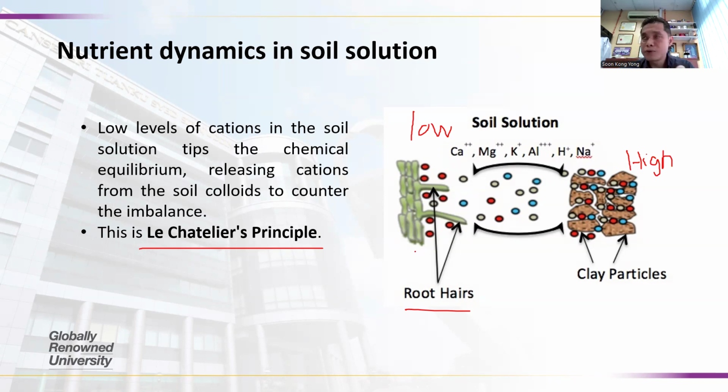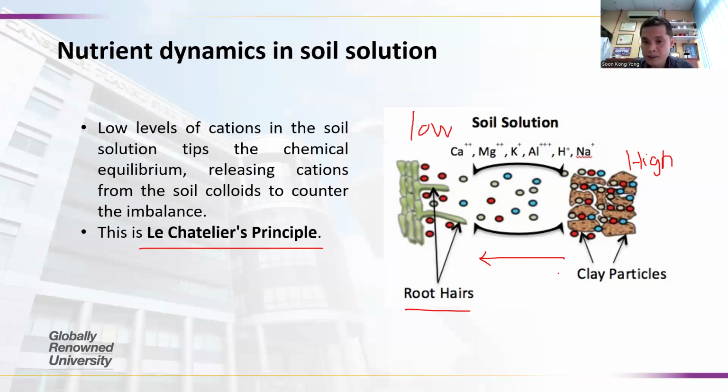We all know the root keeps on absorbing these nutrients, so they suffer low concentration. Due to this, according to Le Chatelier's principle, there will be a net shift of the equilibrium to the left, and then there will be a transfer, so that this cation will be released. This is how cation exchange happens.